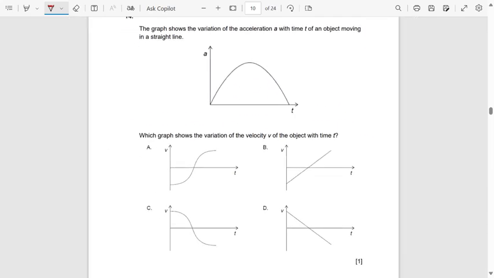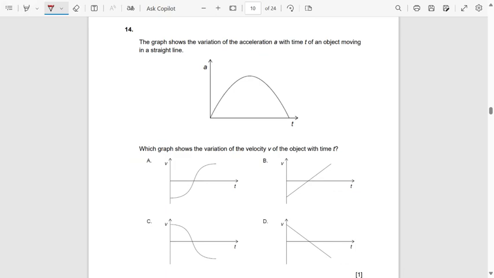Okay, 14. So we've got an acceleration-time graph, and then we're mapping it onto a velocity-time graph. Let's figure out what's going on. Let's do this in steps. The acceleration initially increases.